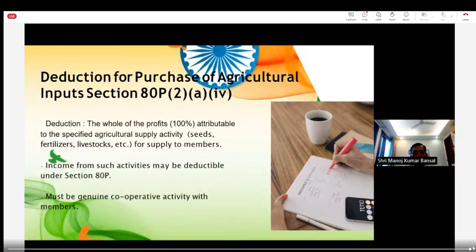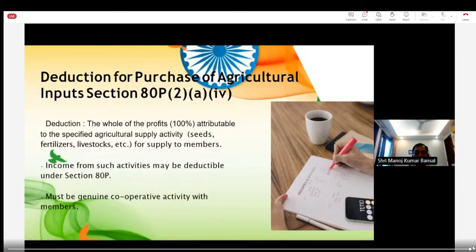Deductions for purchase of agriculture inputs, that is section ATP2A4. The deduction is 100% attributable, as just discussed, for livestock, fertilizers, seeds for supply to the members.